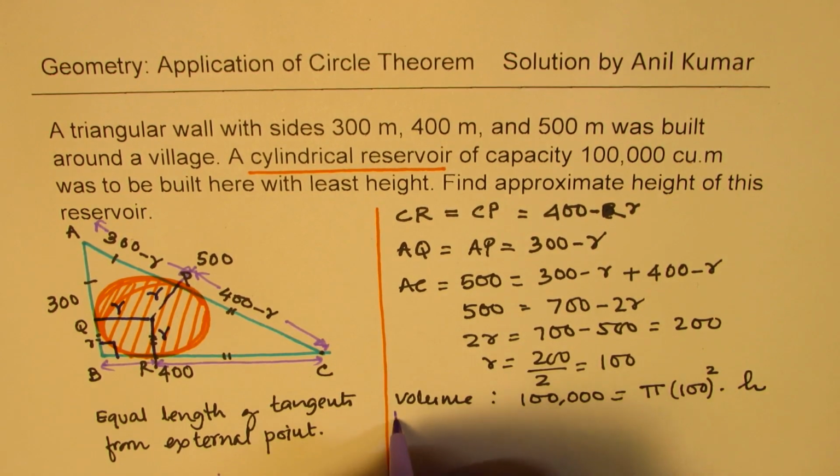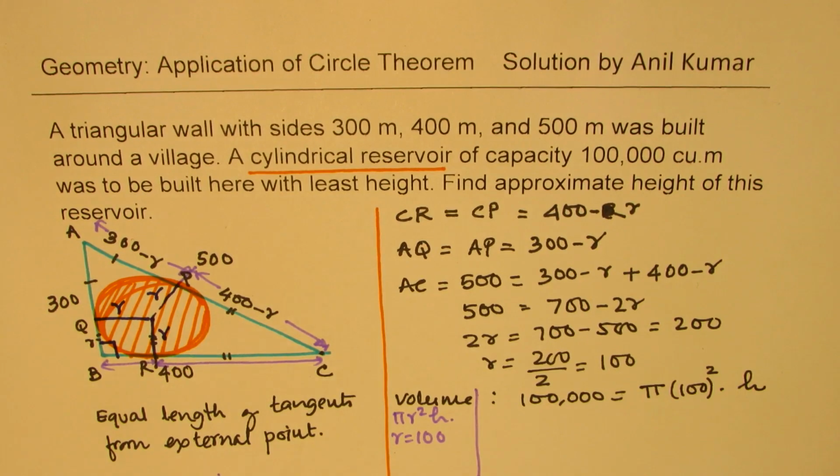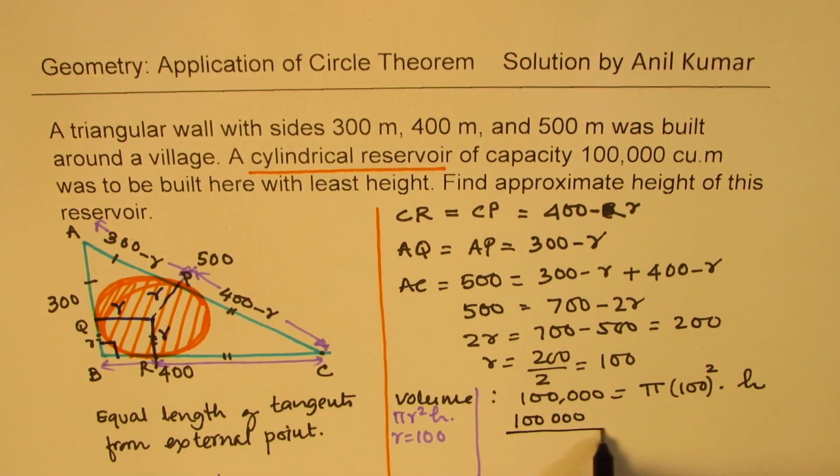And r is equal to 100 for us. Using this information, we can get what the height is, right? So the height is 100,000 divided by 100 square, which is 100 with 2 more zeros, times pi in the denominator.